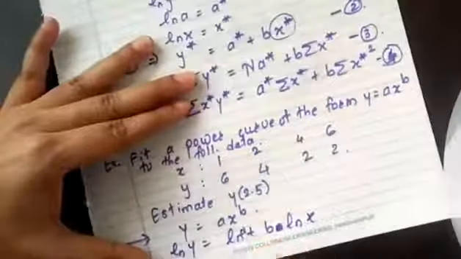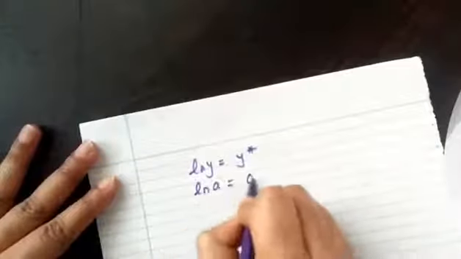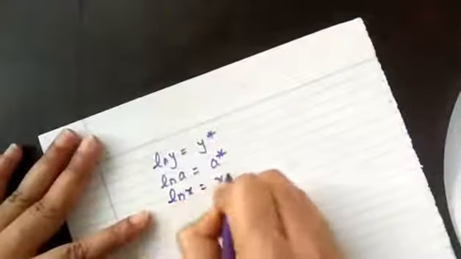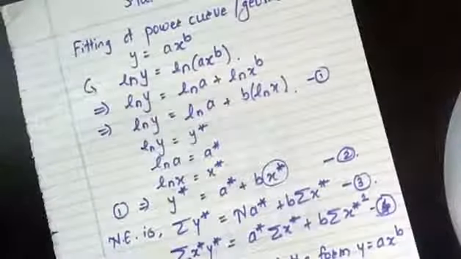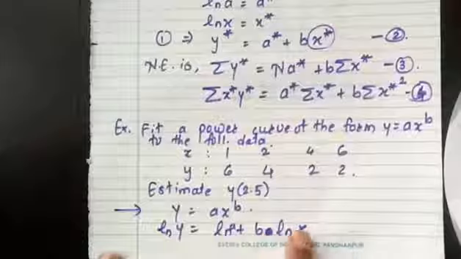Next, we will substitute ln y as y star, ln a as a star, and ln x as x star. So the equation becomes y star is equal to a star plus b x star.